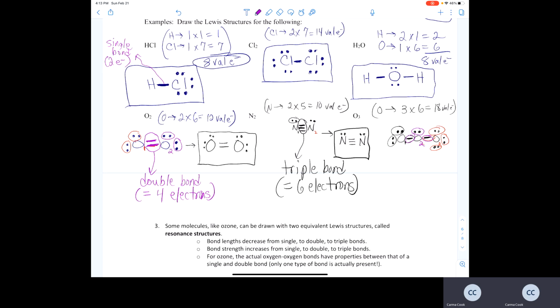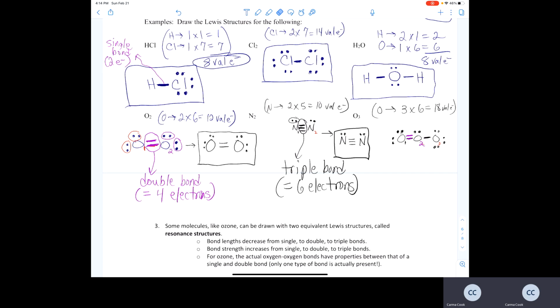I'm going to put that pair in between oxygen 1 and oxygen 2 so that oxygen 1 is still happy. I didn't do anything to oxygen 3, so it's still happy.